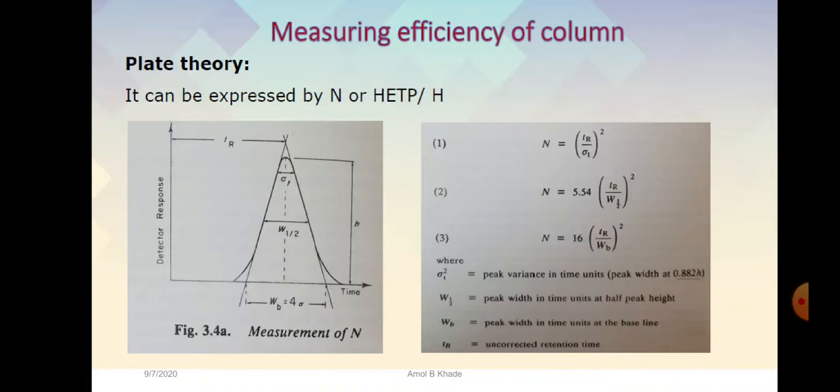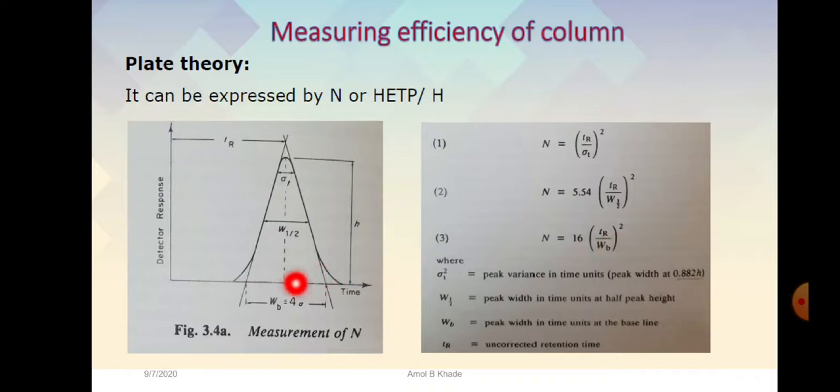We have numericals related to this, and we will be discussing those by taking some examples, but here you need to understand and know this particular formula. And the other one, which is very widely used because in most of the problems we have the peak width at the baseline, that is WB.